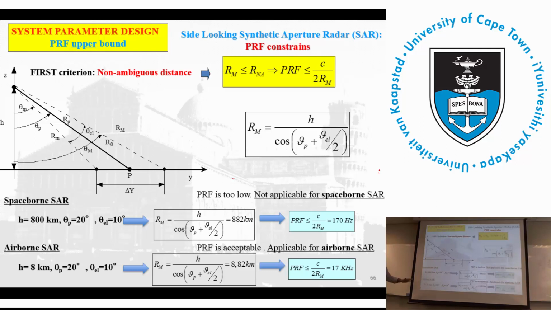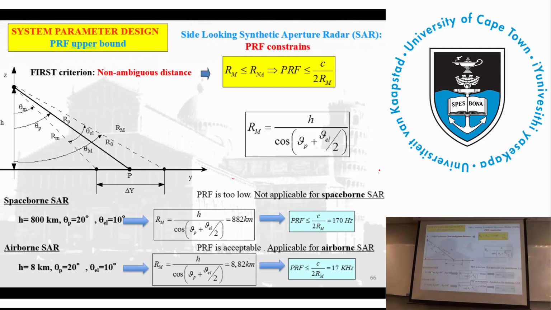So for airborne SAR, fine, we can go with this approach, which is typical of normal radar, non-ambiguous distance. We make sure that Rm is less than the ambiguous distance. Perfect. For airborne SAR, it works. For spaceborne, it doesn't, because it's such a far distance that it becomes really an impossible task.